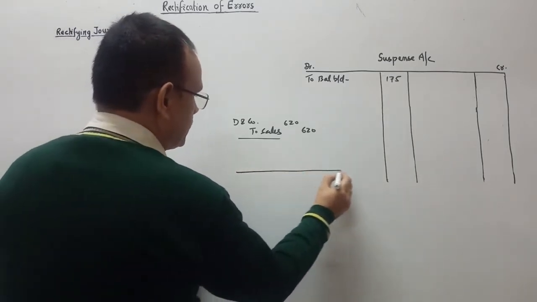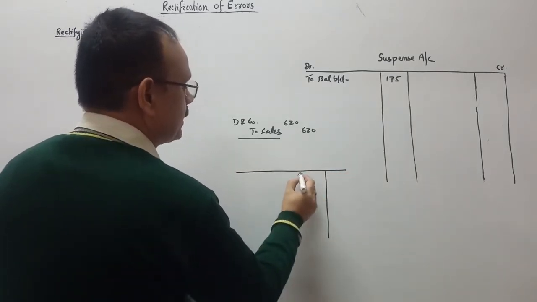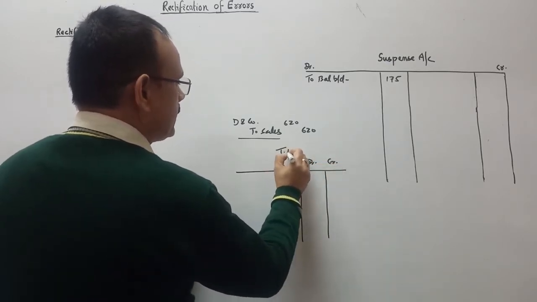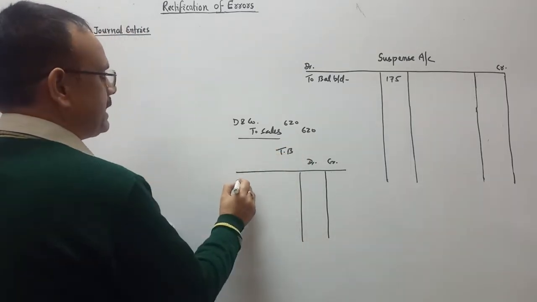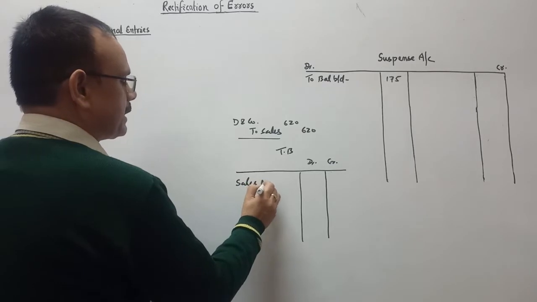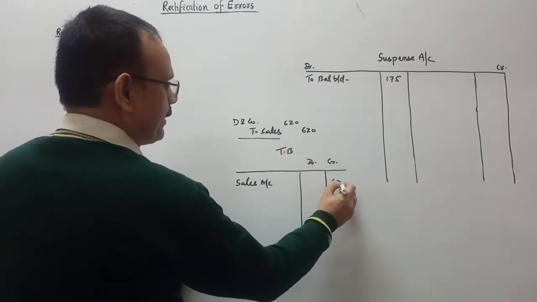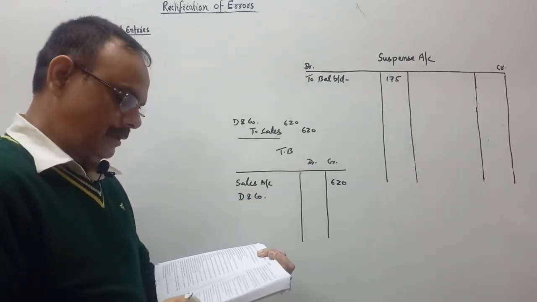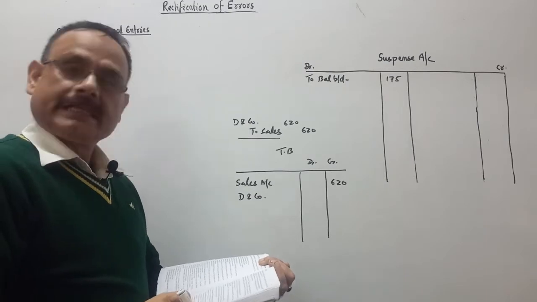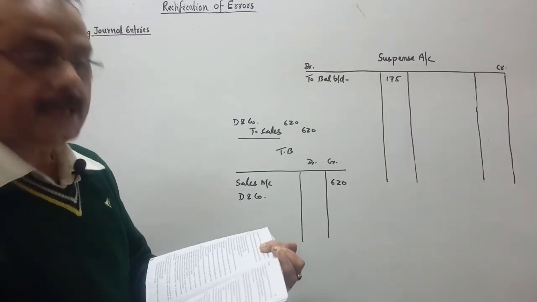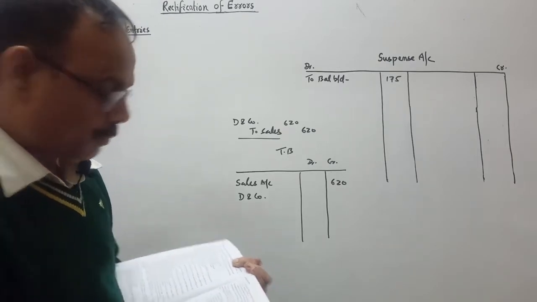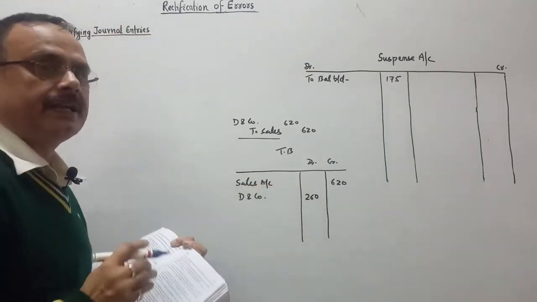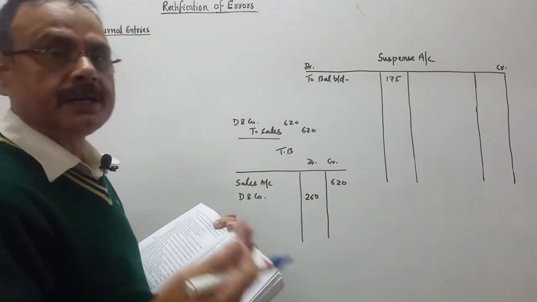So see in the trial balance. This is the trial balance. I am going to see the effect of the errors directly in the trial balance. In the sales account there is no mistake. Sales account credit side is 620, but in D and Company it is mentioned that it was correctly entered in the sales book but posted to D and Company account as 260, meaning on the debit side of D and Company it is posted 260 instead of 620.